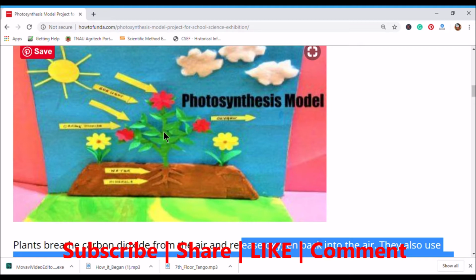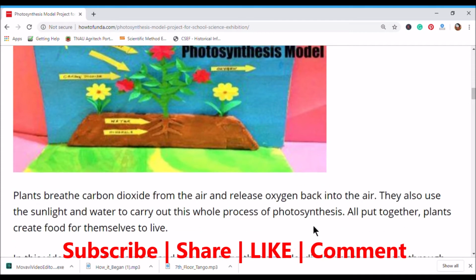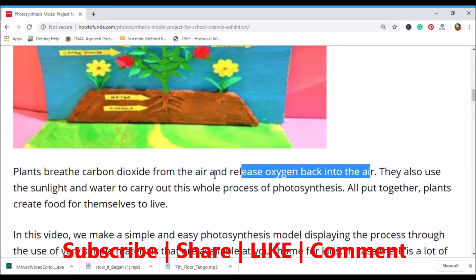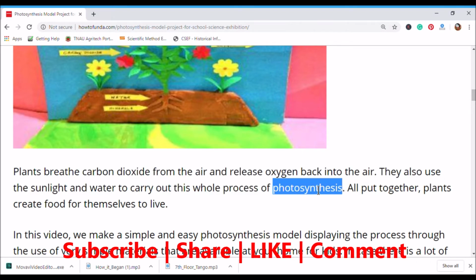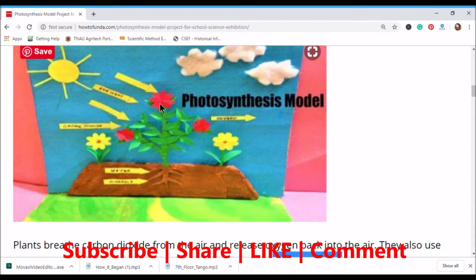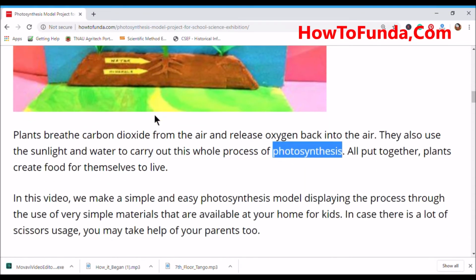The whole process is called photosynthesis, where plants absorb sunlight, carbon dioxide, water, and minerals available in the ground to grow, and once it starts growing, it releases oxygen back to the air. The whole process is called photosynthesis, to create food for the plant to stay alive by itself.